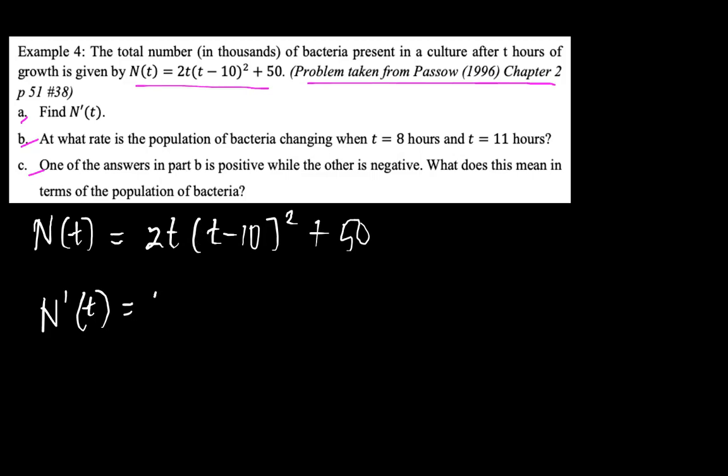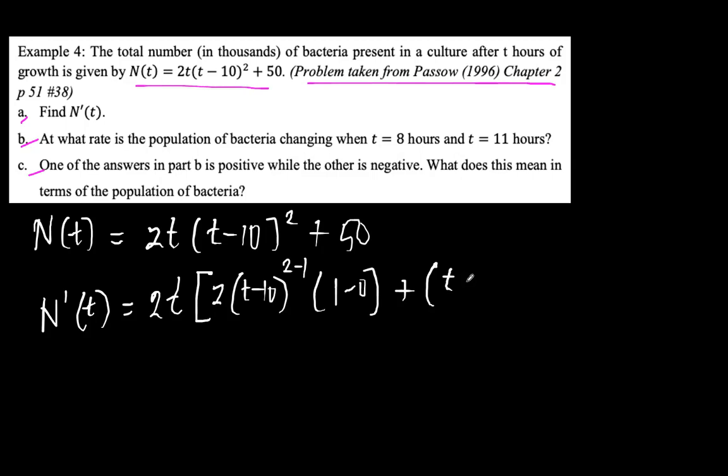So we have 2t times the derivative of this, which is 2, copy the base, and 2 minus 1, of course, and differentiate the base, t minus 10, that's 1 minus 0, plus copy the second factor, (t minus 10) squared. And what's the derivative of 2t? That's 2 plus the derivative of 50, which is 0.